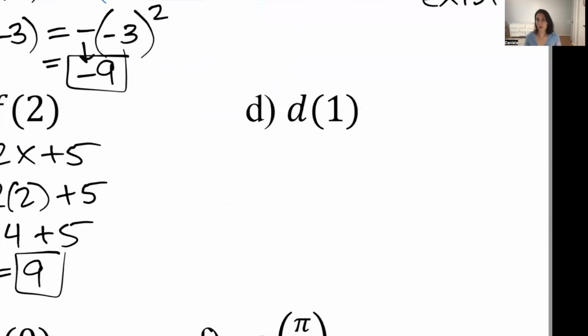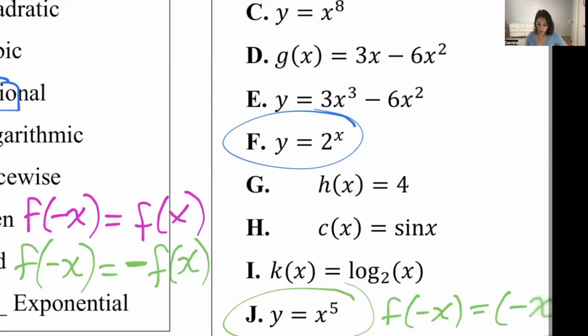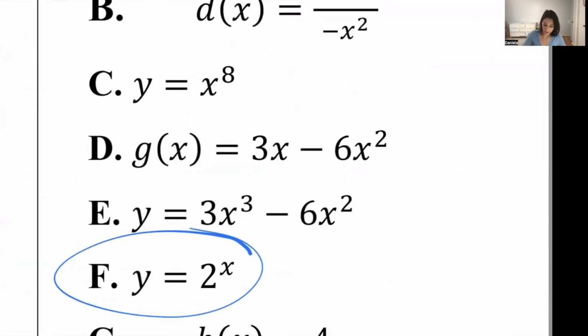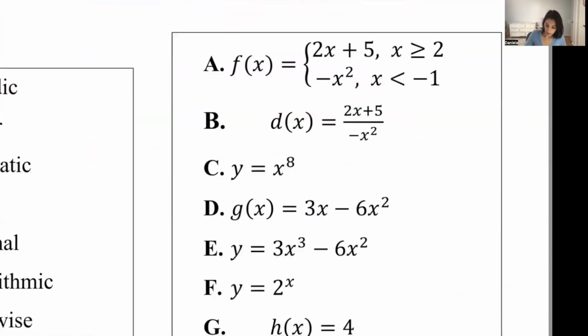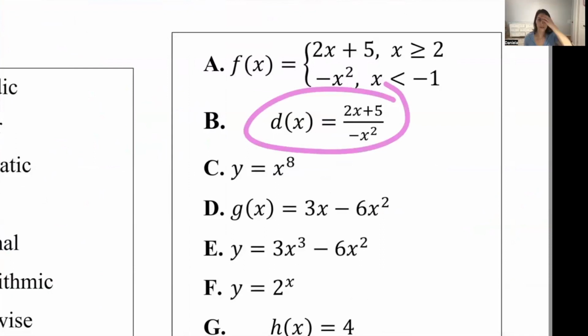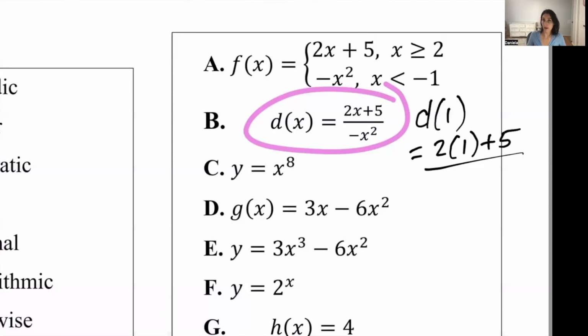So now we're switching function. This tells us we're substituting x equals 1, but in the d function. Here is that d function right here. Nope, that's g. I don't know my alphabet, just kidding. This is the d of x function, that rational function. So we are going to substitute 1 in that spot. d of 1 is equal to 2 times 1 plus 5 divided by, be careful again, you want to hug the parentheses around the x.